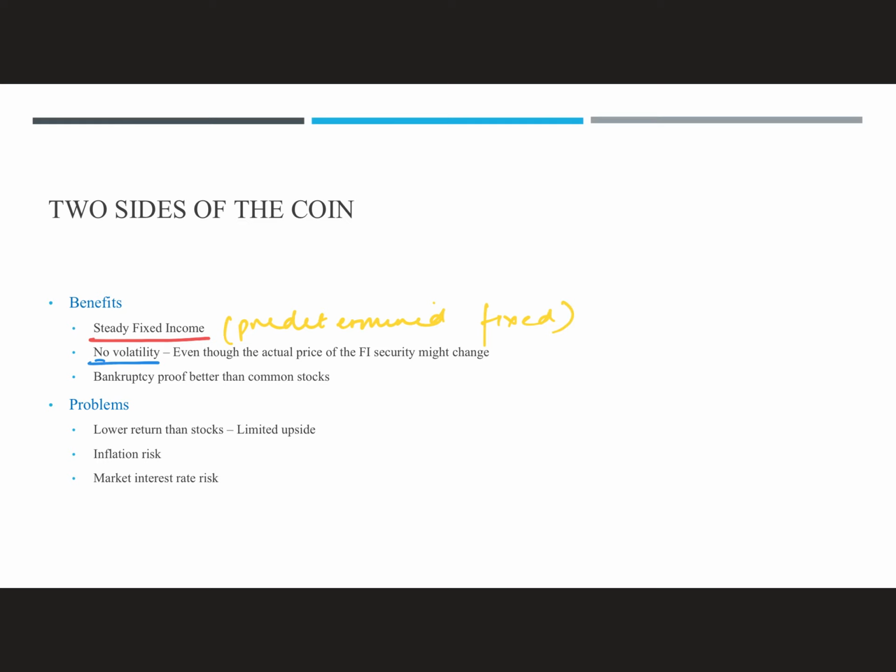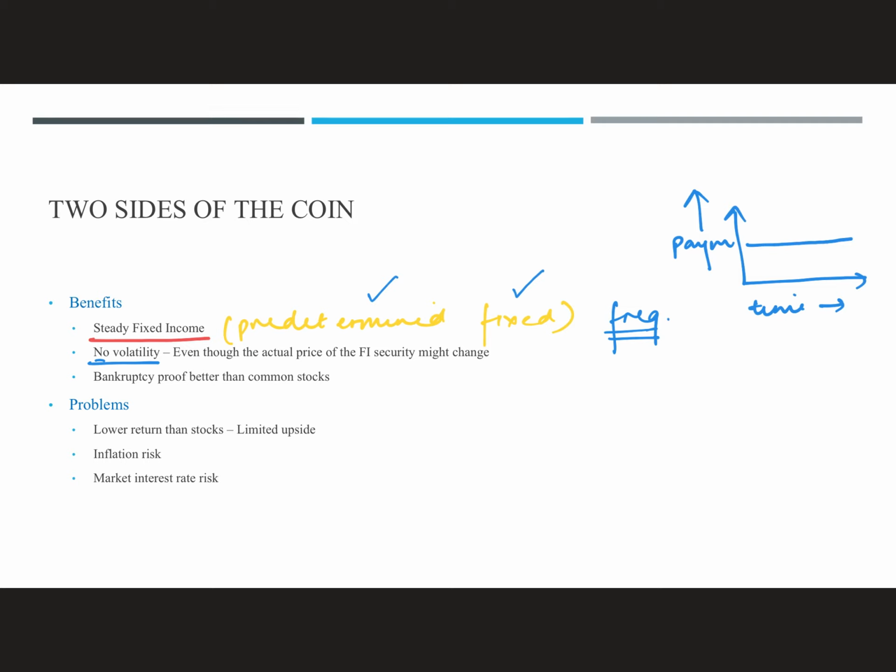Then we have the option of no volatility. If you already know what payment you are going to receive, and you also know the frequency of that payment, there is no volatility, so to speak. If you plot it on a graph, with your payments on the y-axis and time on the x-axis, you already know what your payment will be over time.